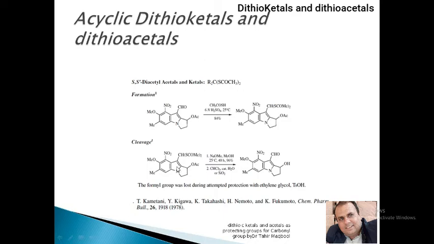Similarly, this dithioacetal is deprotected by using sodium methoxide in methanol at 25 degrees Celsius for 40 hours, 96% yield, and the product is recovered by using chloroform in water as a catalyst or silica. The formyl group was lost during attempted protection with ethylene glycol and tosylic acid. That is, they also tried ethylene glycol in order to form the cyclic acetal, but they lost the formyl group during the protection.